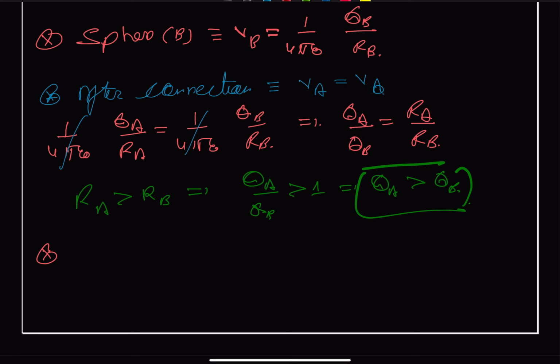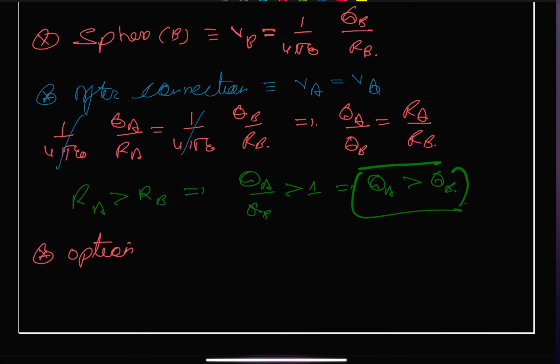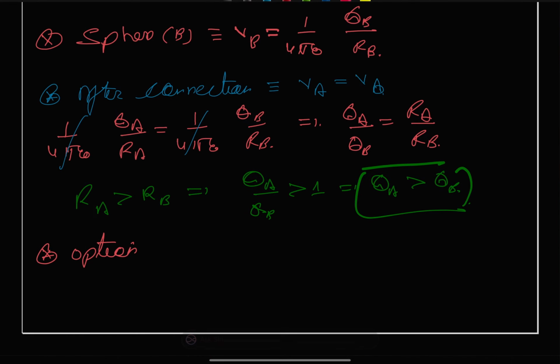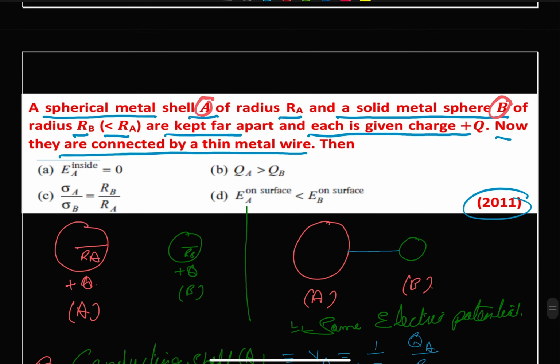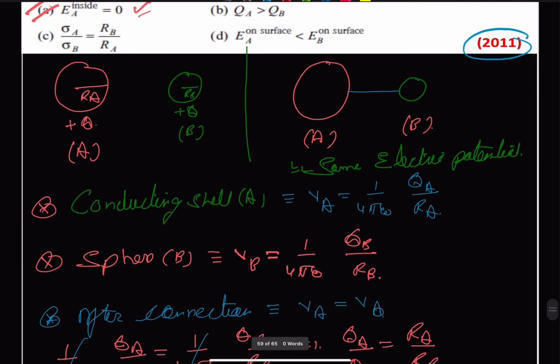So we start with option A. We have to remember that the spherical metal shell and solid metal sphere both are conducting, and whenever there is a conductor, the electric field inside is equal to 0. So option A is correct automatically.